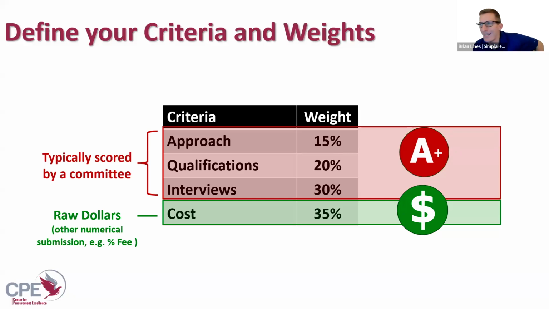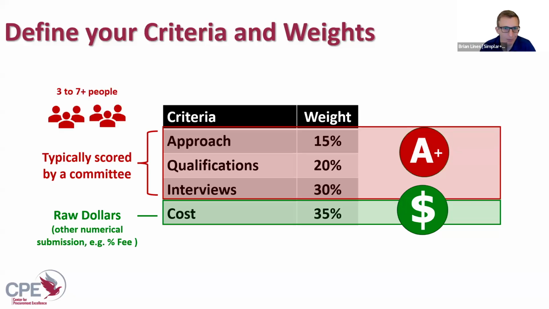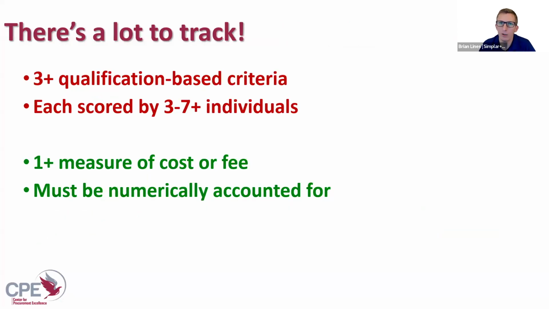And then in general, not always, but in general, most organizations out there are having a committee, an evaluation committee, score their qualifications-based elements in some way, shape, or form. That might be a committee of 3 to 7 or more people, depending upon the size of your project and how complex it is. When you're in the evaluation stage, you've got multiple qualifications-based criteria.